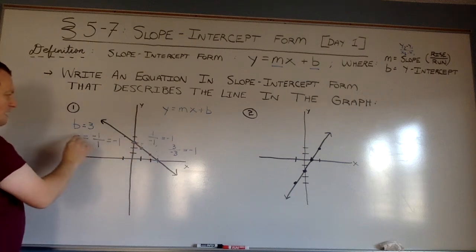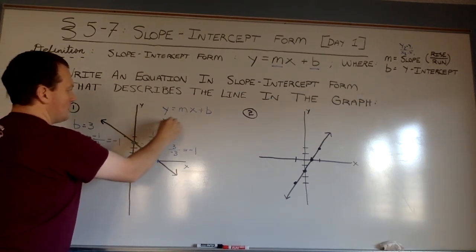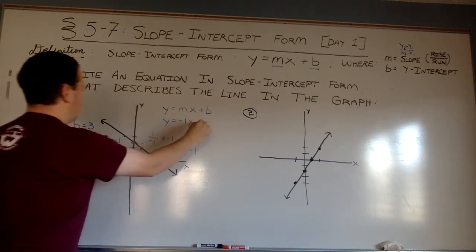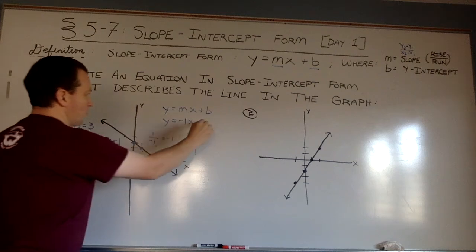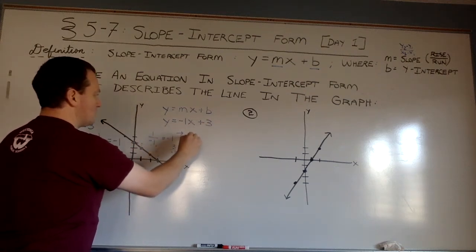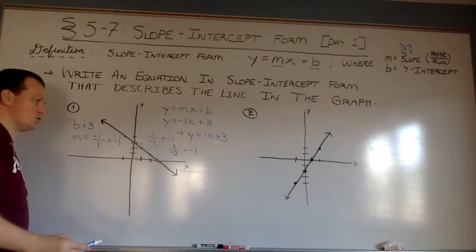So any way you look at it, the slope of the line is negative 1. So the equation then is y equals negative 1x plus the y-intercept, which is 3. Another way you might see this equation is y equals negative x plus 3. Either one of those is just fine.